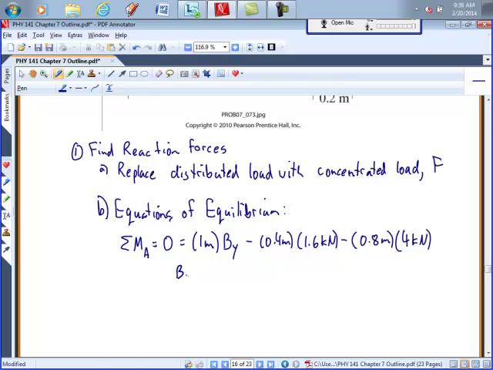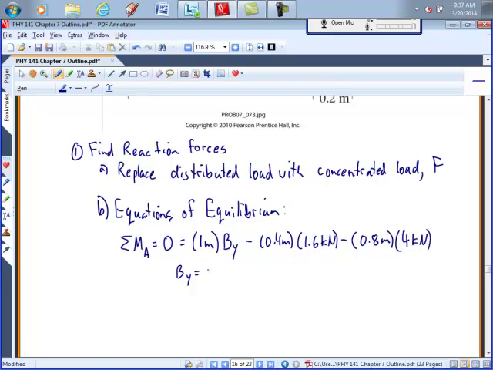All right. What do we get for By? 0.8 times 4 is going to be 3.2, and 0.4 times 1.6 would be 0.64, so 3.84.